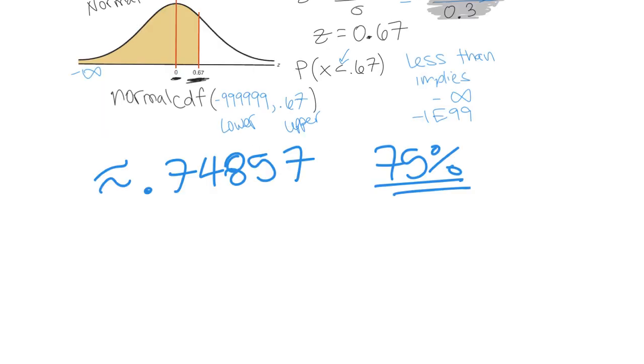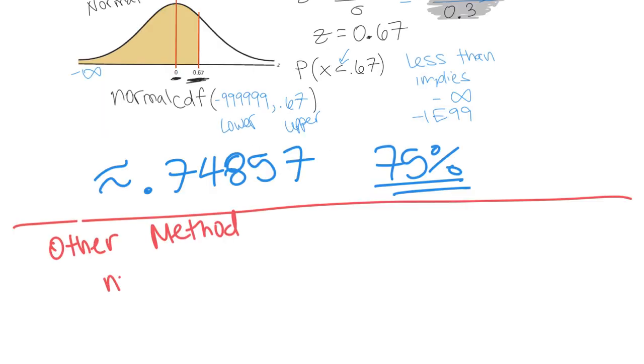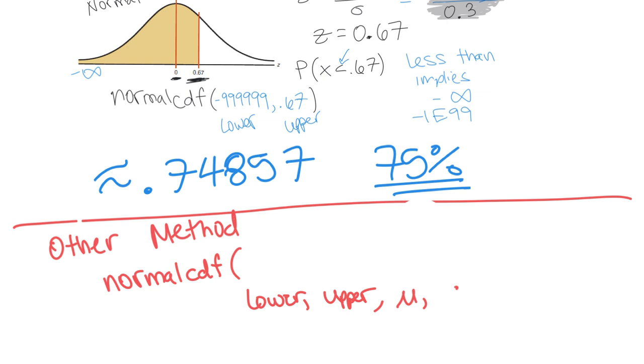All right, so for our other method, we can still use normal CDF. But if you look at what your calculator is saying, when you do the normal CDF, you have lower, upper, and you have the average, and you have the standard deviation.